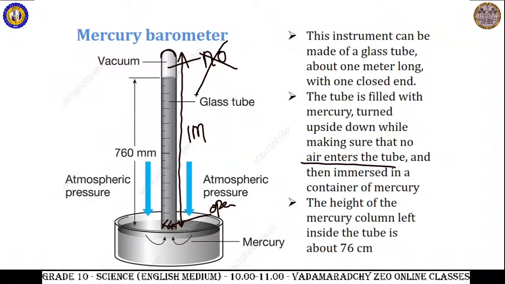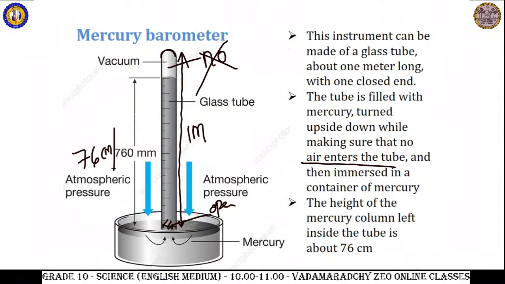Then we have to immerse this tube into a container of mercury. Now we can observe that the height of the mercury column left inside the tube is about 76 centimeters or 760 millimeters. Okay, this is the basic structure of the mercury barometer.